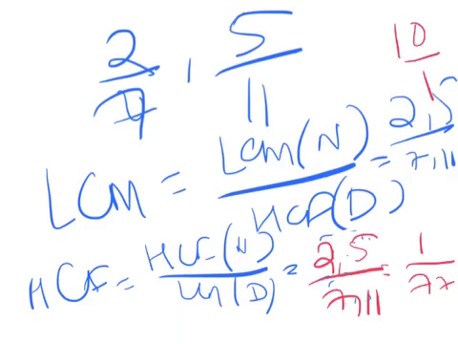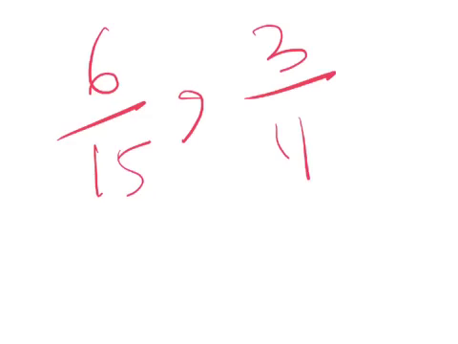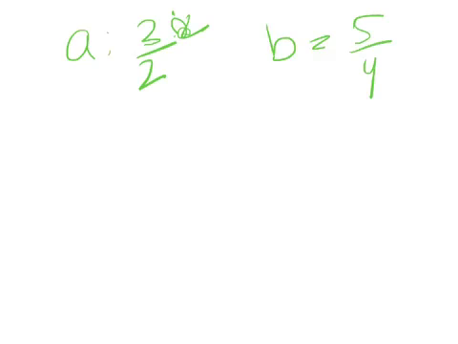Alright. So now you can find the LCM and HCF of everything, right? So 6 by 15 and 3 by 11, we can do all the LCM and HCF. Alright, we'll do one question. Find the LCM and HCF if A is 3 by 2 and B is 5 by 4.